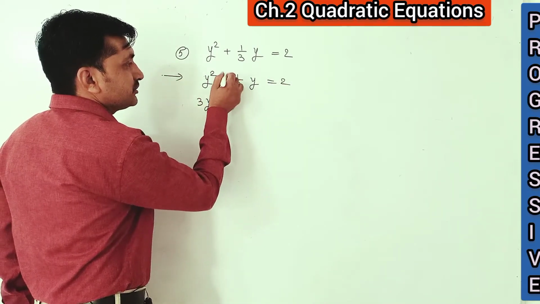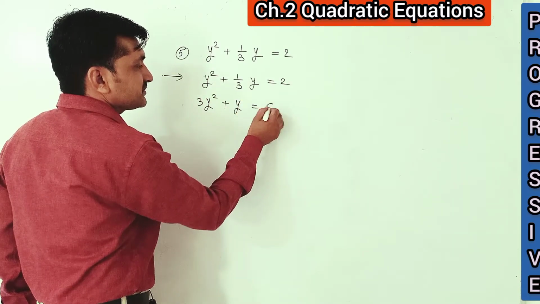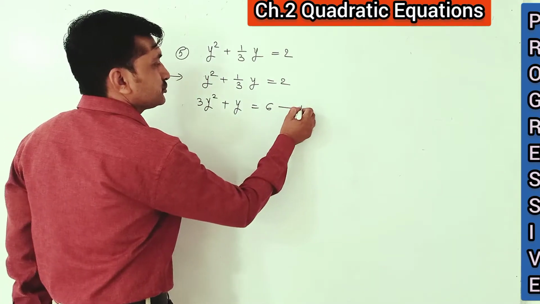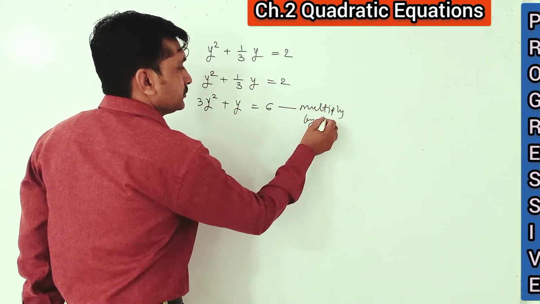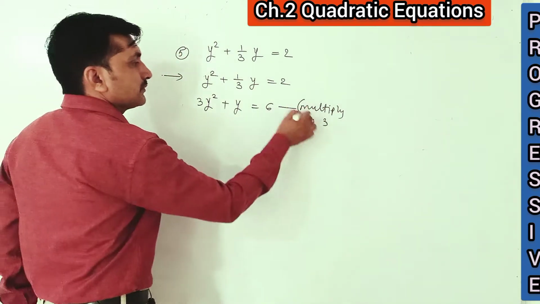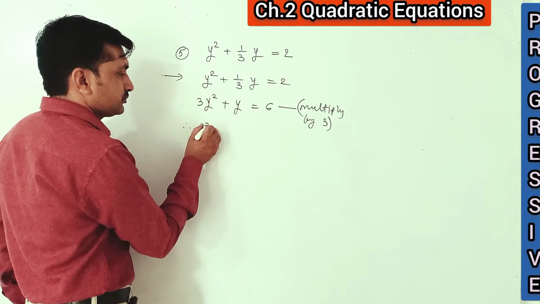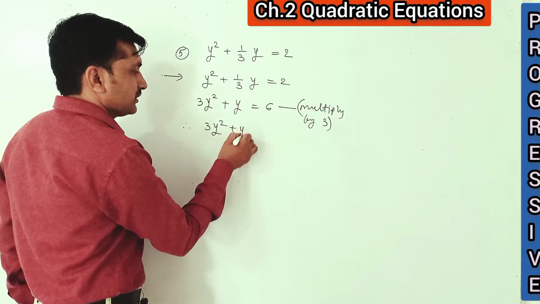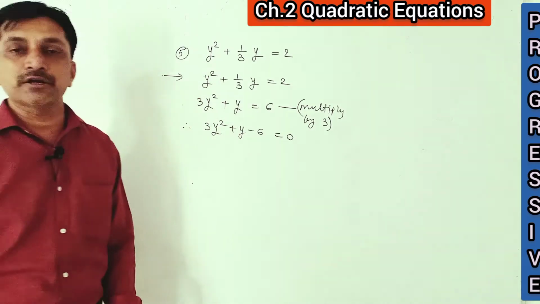Plus if you multiply by 3, 3 cancel, only y is left there. Is equal to, if you multiply by 3, 3 2s are 6. And now this 6 bring here, transfer order. Therefore 3y square plus y minus 6 is equal to 0.